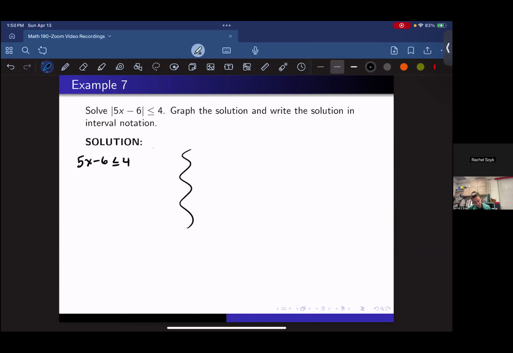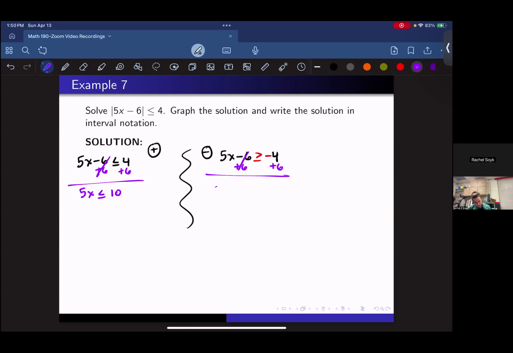Negative case, multiply that right-hand side by a negative and flip that inequality sign. Now we can solve. I'm going to add 6 to both sides in both cases. And then we can also divide both cases by 5.